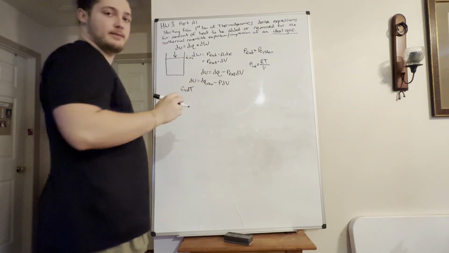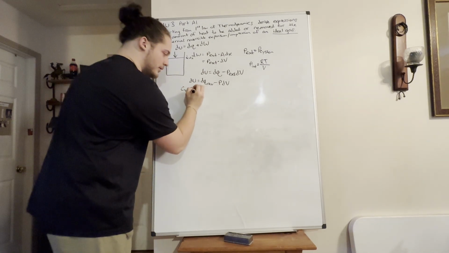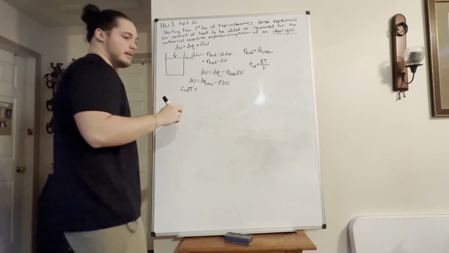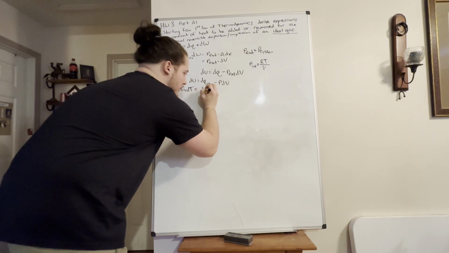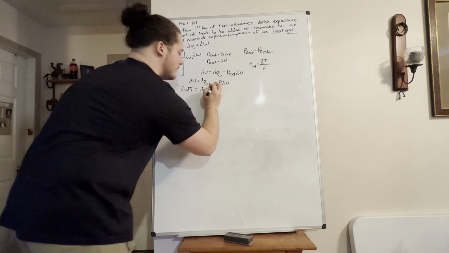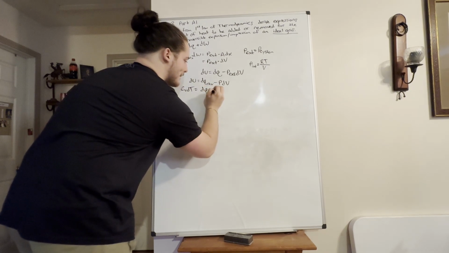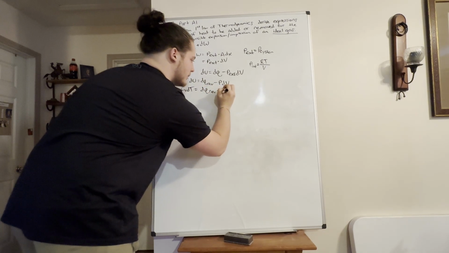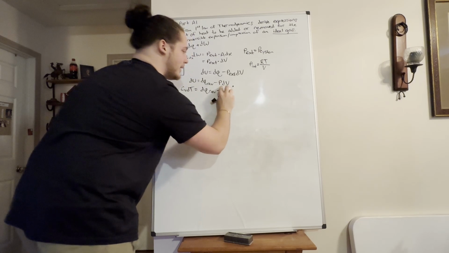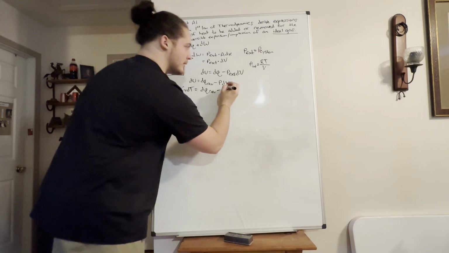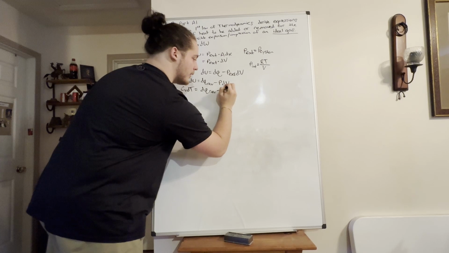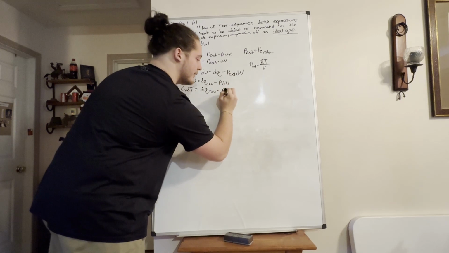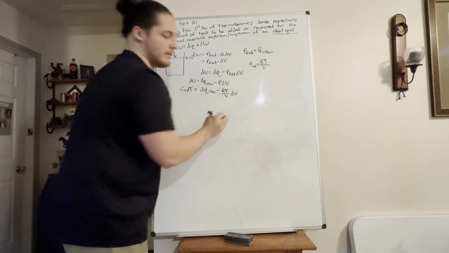dT, the differential amount of temperature, is equal to dq, the differential amount of heat reversible, minus, and then we can rewrite P dV as RT over V dV.